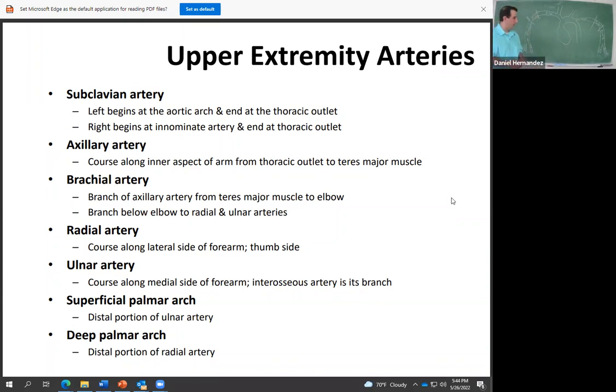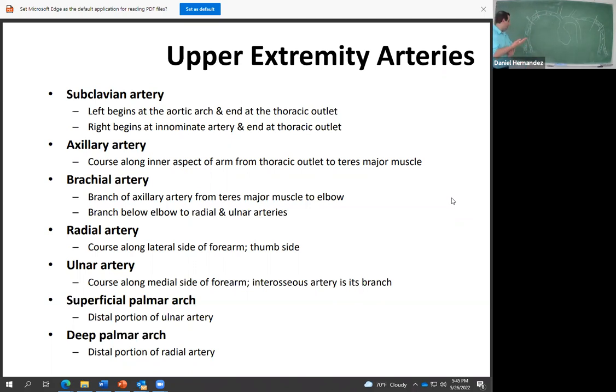So we're going to learn when we do Allen's tests, when we're specifically talking about the superficial and the deep palmar arches, and potentially harvesting the radial artery for use for bypass, the importance of the palmar arches and how they're actually connected to each other to create almost like a fail-safe or collateral channel for blood flow to get around and perfuse the hand and the digits.